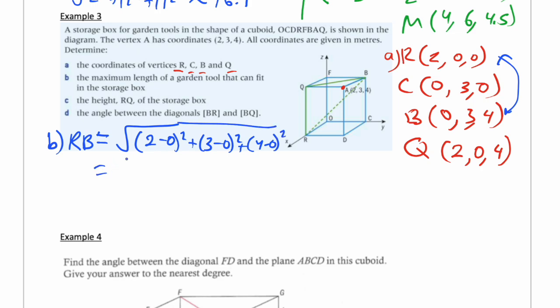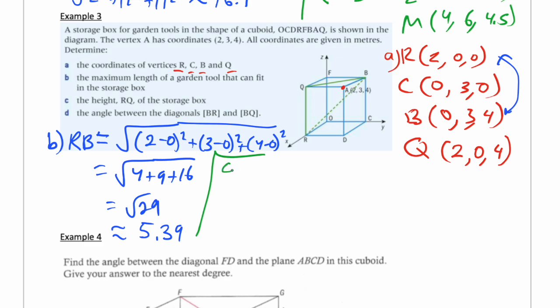Okay, that's root, what's that? 4 plus 9 plus 16, which equals root 29. I guess you could technically leave it like that, but root 29 is about 5.39.